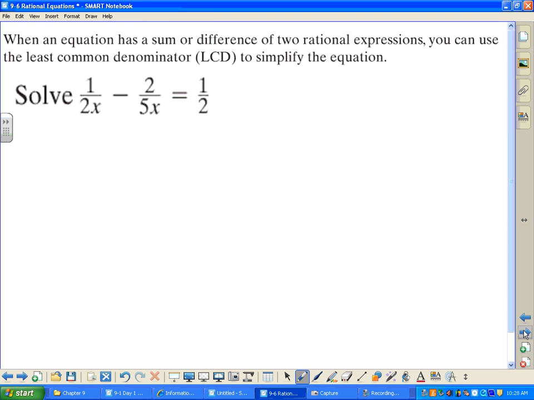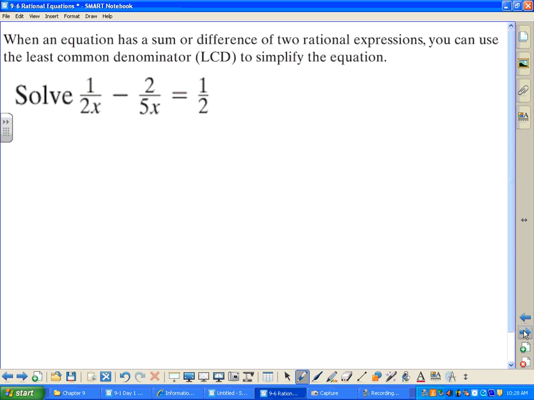So let's look at this one. It says when an equation has a sum or difference of two rational expressions, you can use the least common denominator to simplify the equation. And I'm going to show you how this works. So here's your equation. Go ahead and write this down. 1 over 2x minus 2 over 5x is equal to 1/2. Let's do what we've just been doing over the last few days and find the least common denominator.